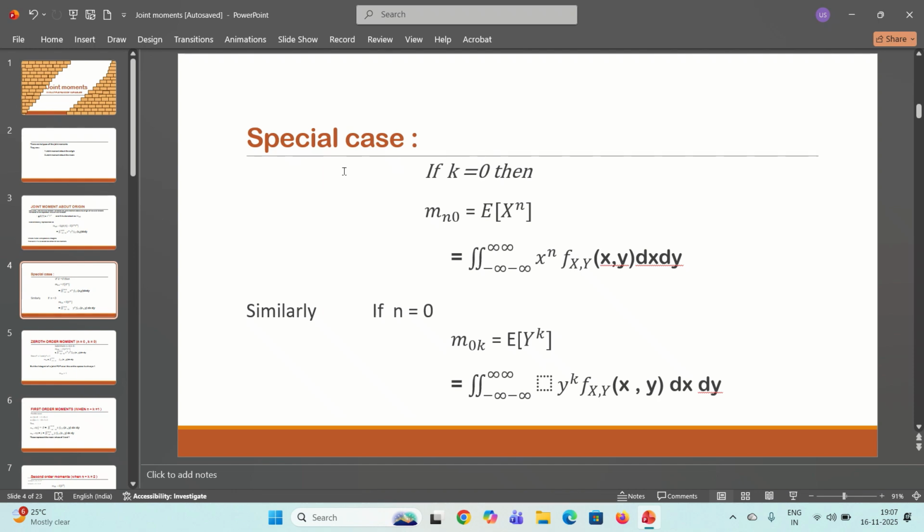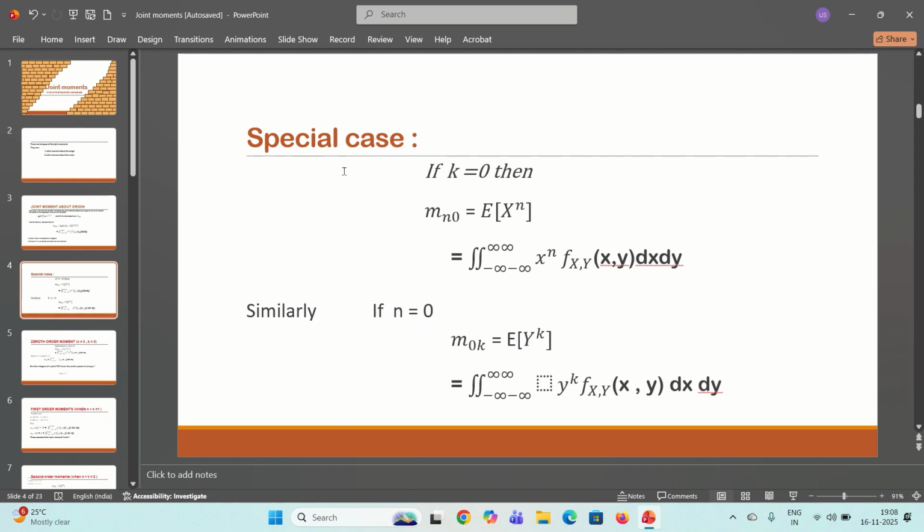That is represented as double integral from minus infinity to infinity of x power n along with the joint density function f_X,Y of x comma y dx dy.